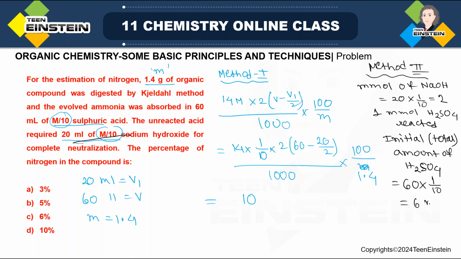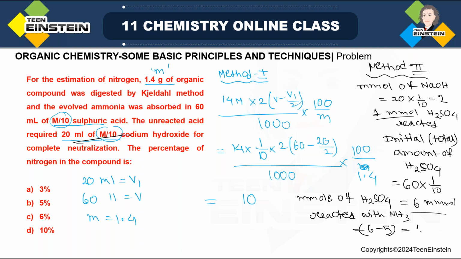That means it is 6 millimole. So 1 millimole H2SO4 reacts with 2 NaOH, that is the ratio. 6 millimole you have started with. That means millimoles of H2SO4 reacted with ammonia must be 6 minus 1, 5 millimole.